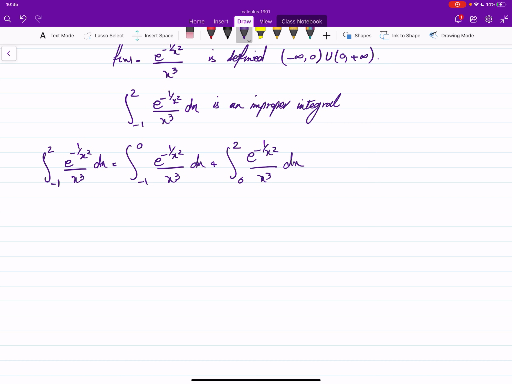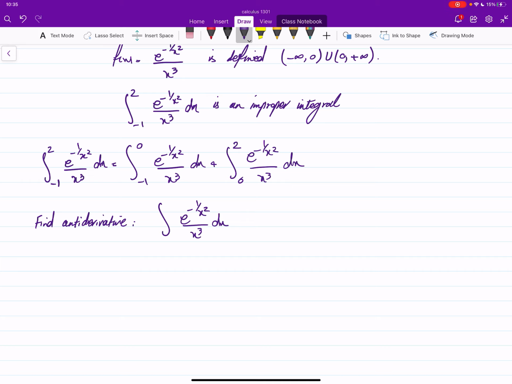To be able to evaluate, we have to first find the antiderivative, or indefinite integral. So the integral of e to the power negative 1 over x squared over x cubed dx.